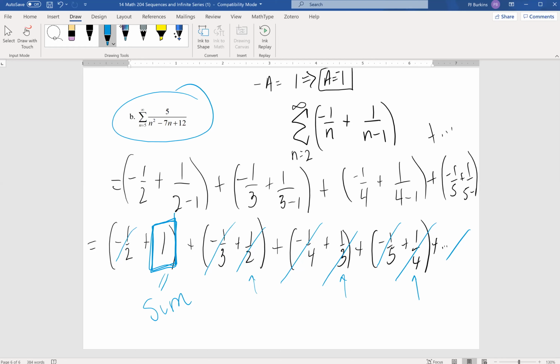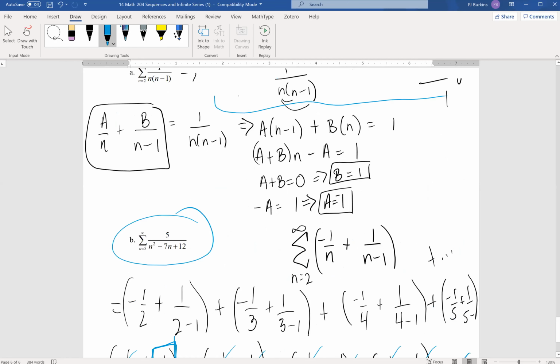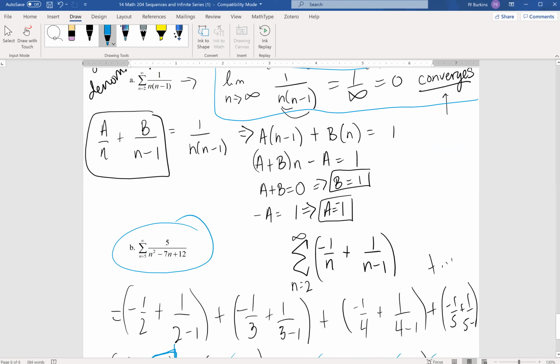So I'm still a little confused as to how you identify to know to use the telescoping, or how you know that it's a telescoping series. So in order to identify if it's telescoping, you'll see something that's already got some factors in the denominator, or that might be factorable. So some kind of polynomial. The idea here is that through time, we're going to learn 10 different ways to test a series and probably 12 different types of series.